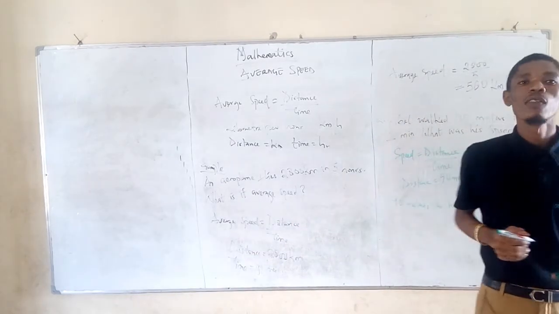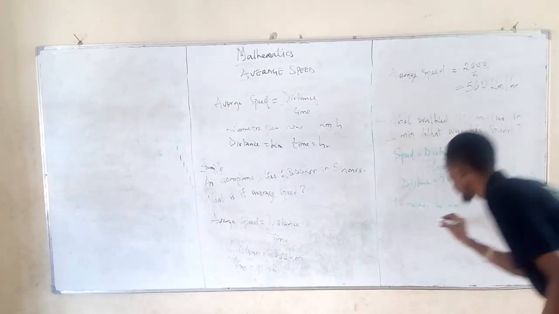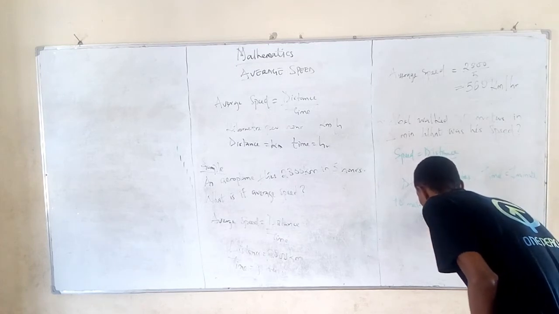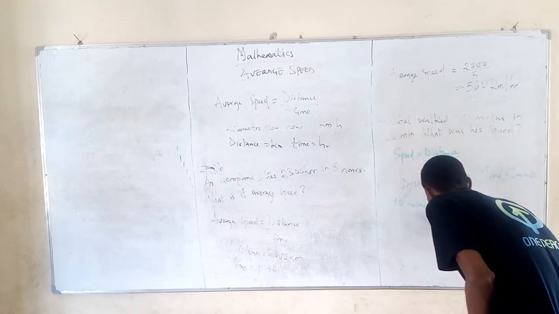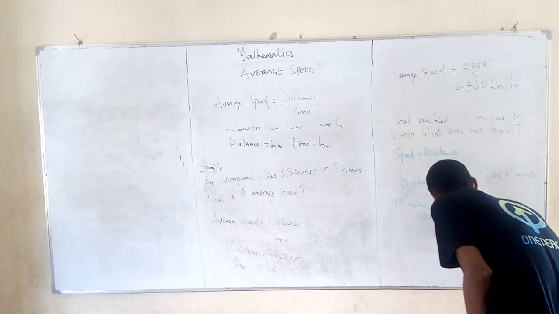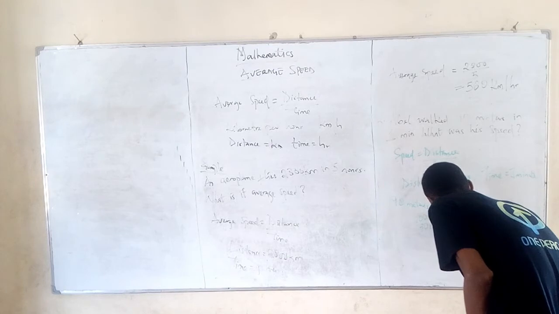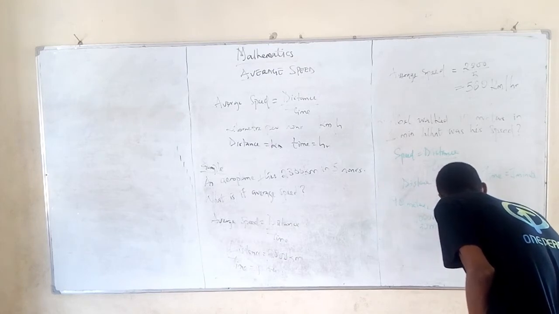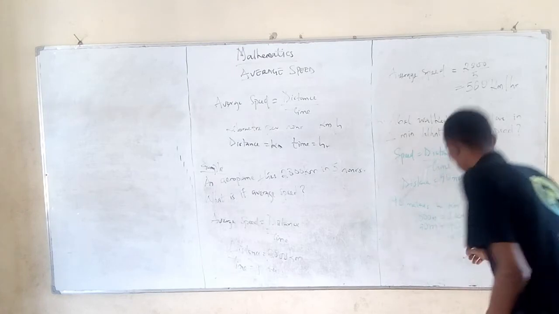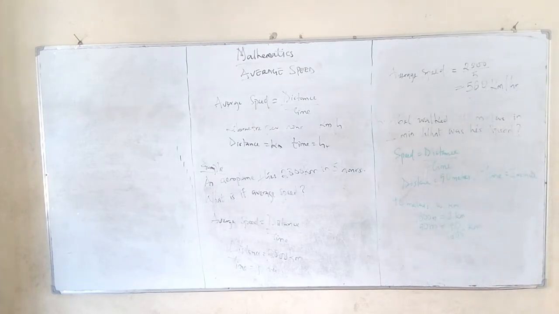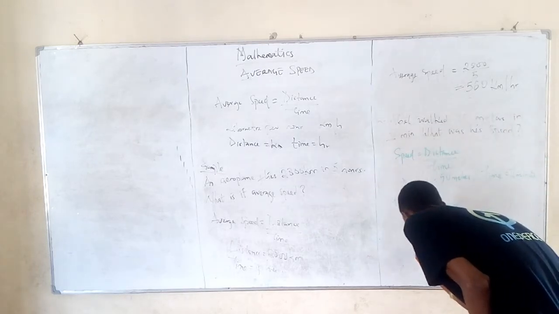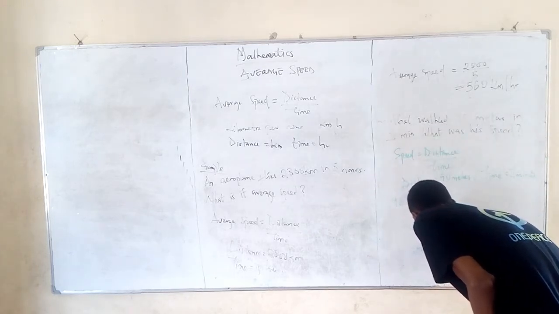Recall when we were doing basic conversions, we said that 1000 meters is equal to 1 kilometer. So if we have 90 meters, it's going to be what? 90 divided by 1000 kilometers. Therefore, for our time, we said 60 minutes is equal to 1 hour.